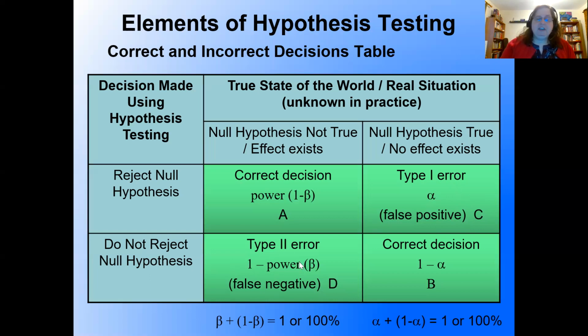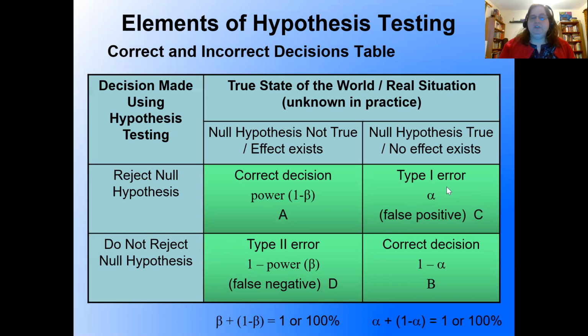Now, we don't like making type 2 errors much either. However, we're willing to tolerate them a little bit more in the field of behavioral sciences. So, for example, the type 1 error might be something like saying that this new medication that we just found that is supposed to treat major depressive disorder is far superior and works great.